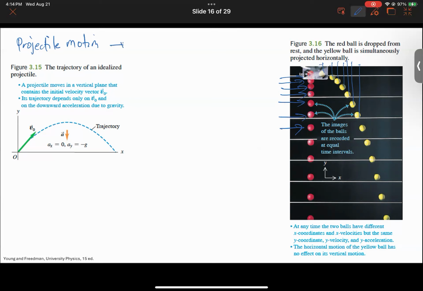So, basically, a projectile motion is an object that experiences only the force due to gravity. So isang force lang yung nararamdaman nung projectile, for the motion to be called projectile motion.